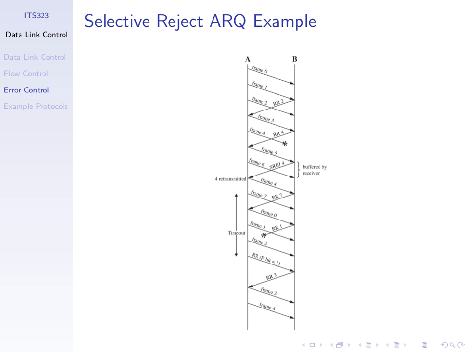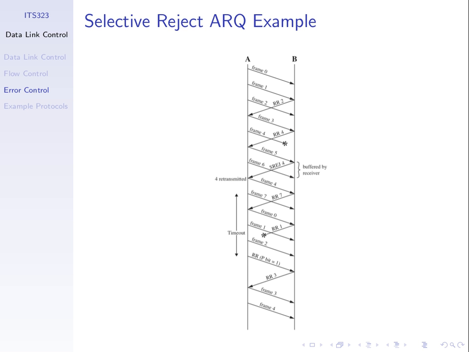It doesn't have to retransmit 5 and 6. It retransmits 4 and then moves on to 7 because 5 and 6 have already been sent. So this requires some storage at B and some reordering of the frames at B because now we've got 0, 1, 2, 3, 5, 6 in the buffer, 4, and now take 5 and 6 from the buffer, and then 7, 0, and back to normal. The rest is the same as go back N.